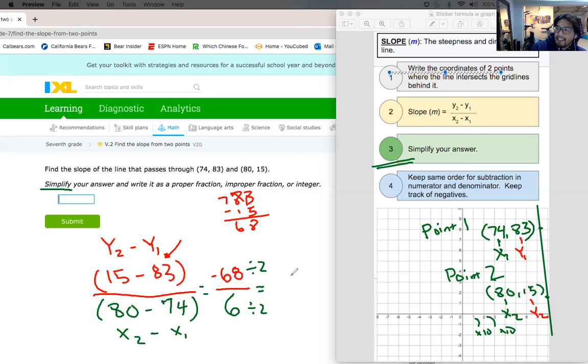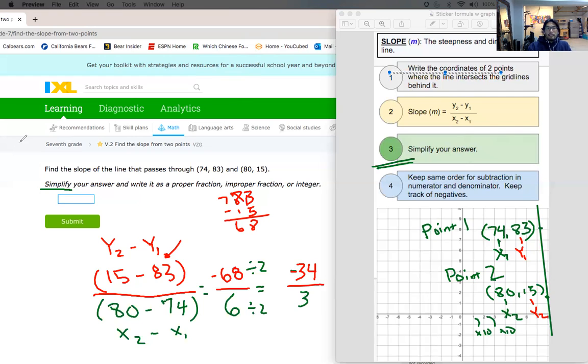So negative 68 divided by 2 is negative 34, divided by 3. Does 3 go into 34? No, it does not. So that is the lowest form.